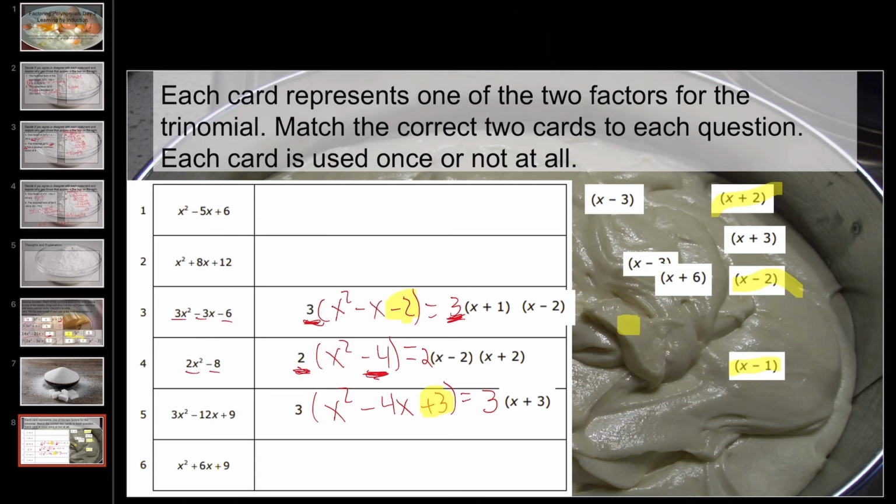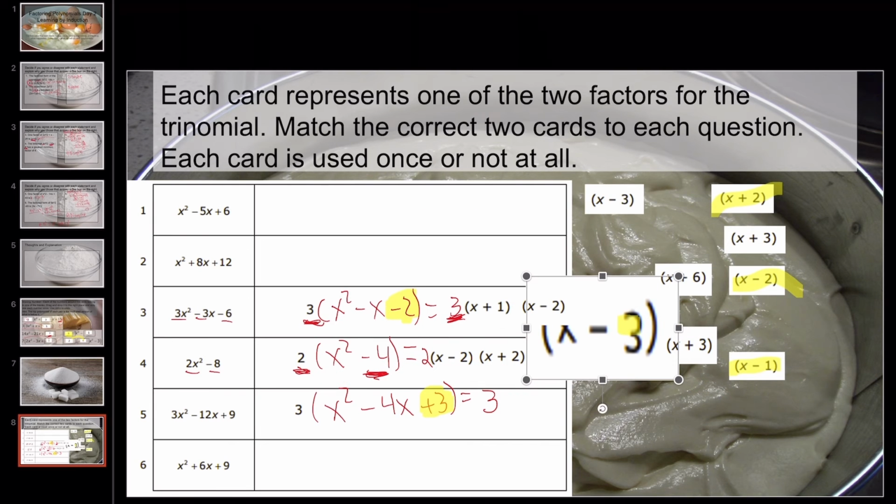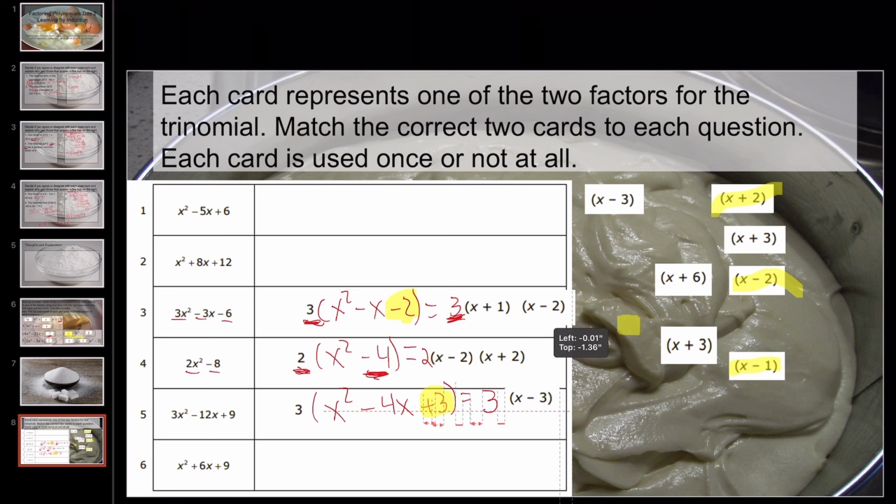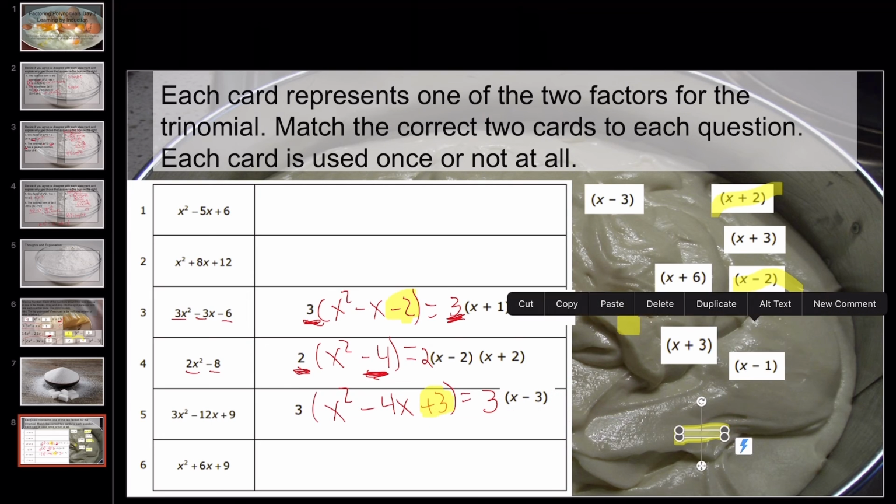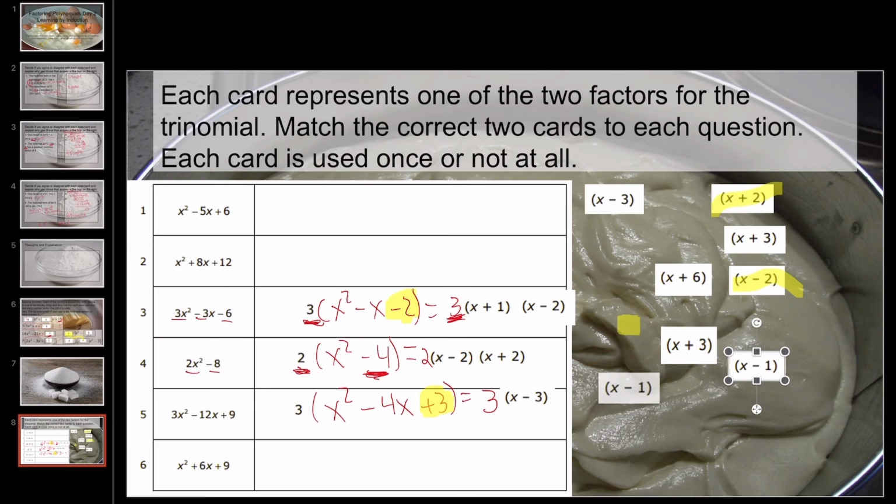Well, actually, there's nothing. It would have taken you a lot of practice to figure that out. So besides that, if we have an x minus 3, and if we use the x minus 1, those could multiply together to make what we need. Let's do that. Let me show you that.